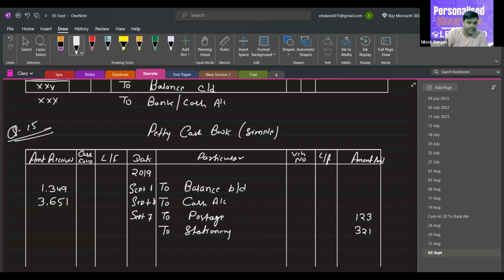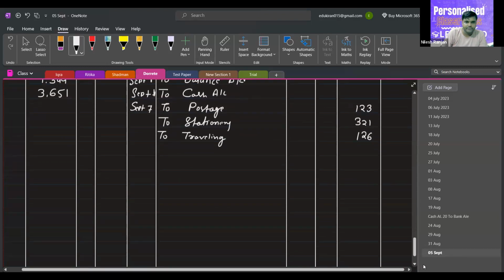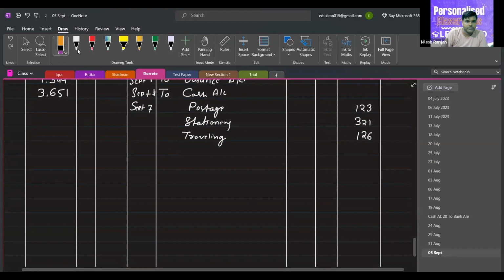And traveling and conveyance, it is 126. So all the expenses that are given in the question, we will write here. Sorry, the expenses paid will be written with by.